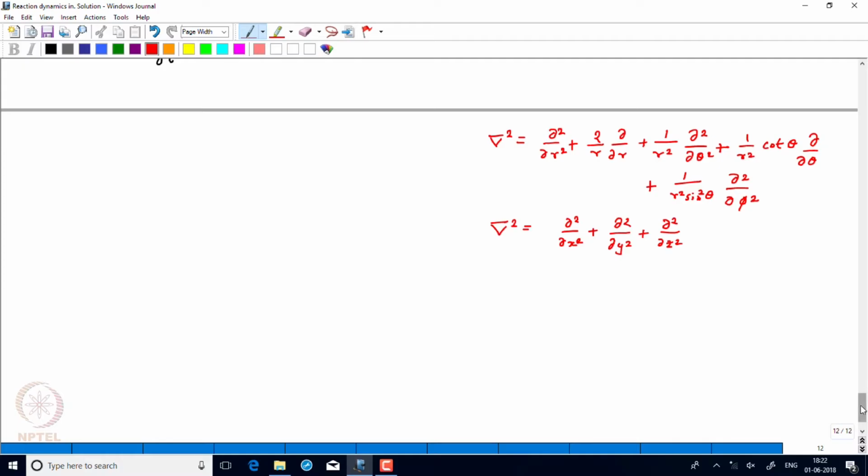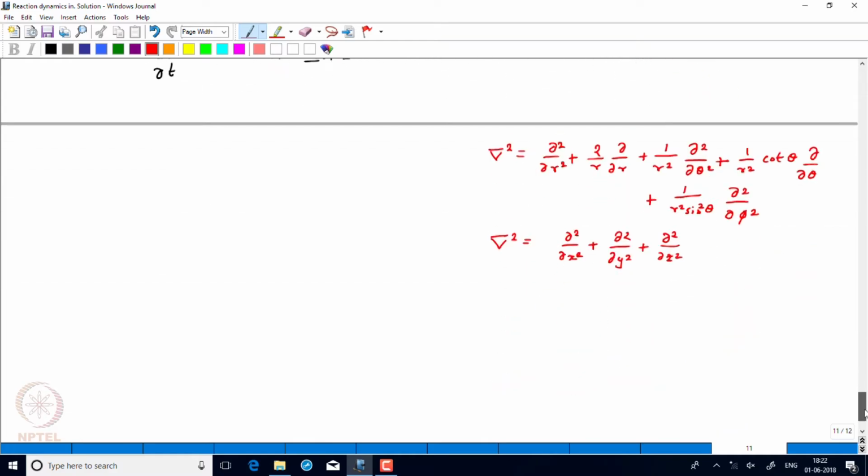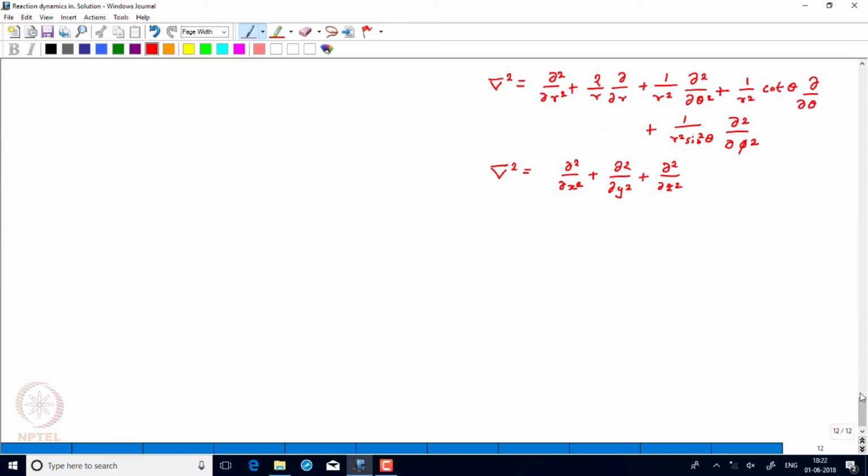Now see here that del is a vector quantity, because it depends on the 3 unit vectors i, j and k, but del square is a scalar quantity, because del square is nothing but del dot del, and if I consider del to be a vector, del square is a scalar because it is a dot product.